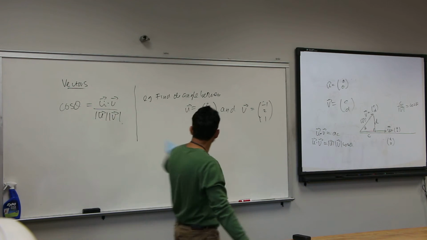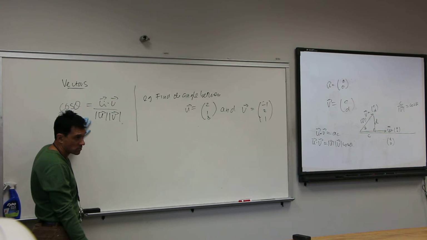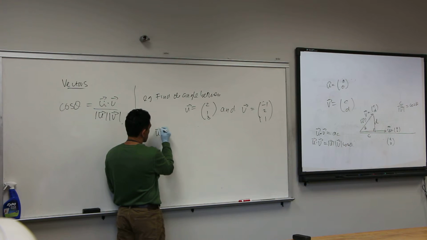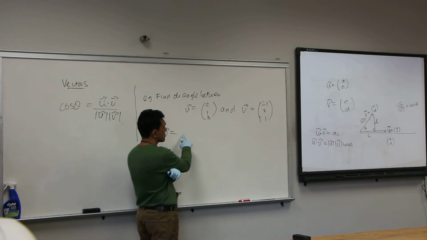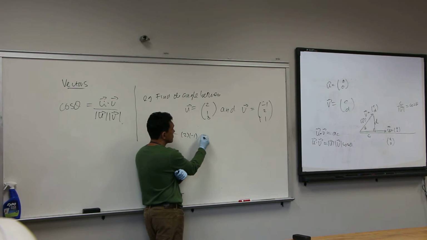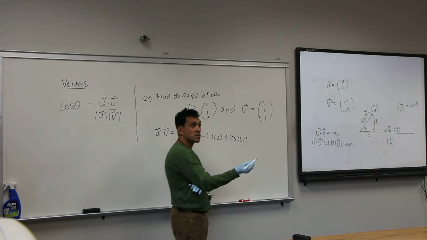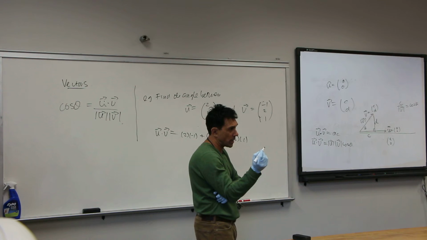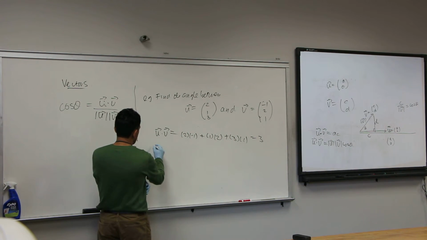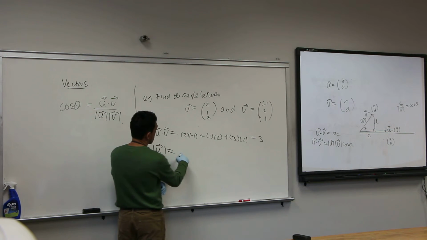So, I need to do this. What is the dot product? Which is 3. Now I need the length of u, and I need the length of v. What is the length of u?